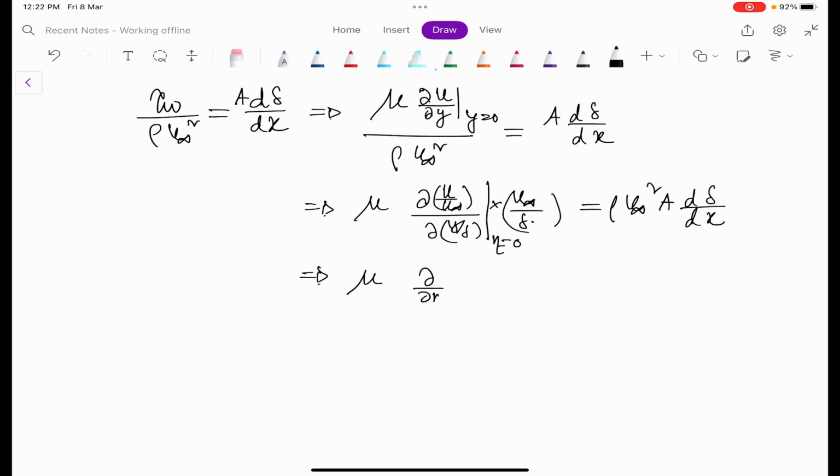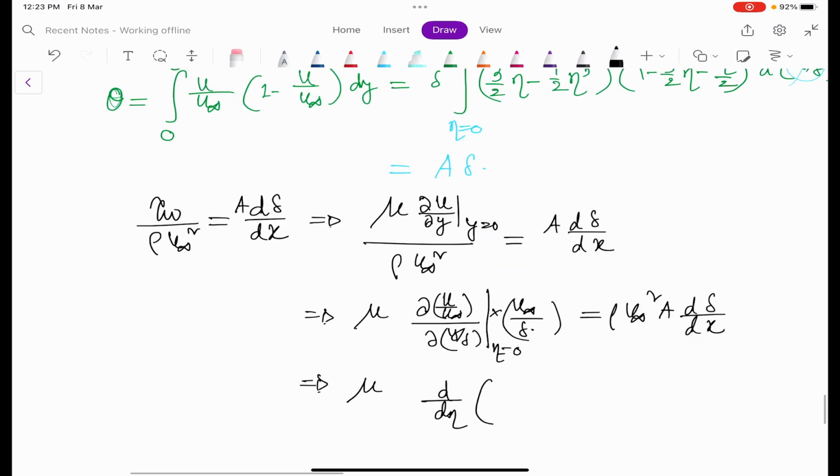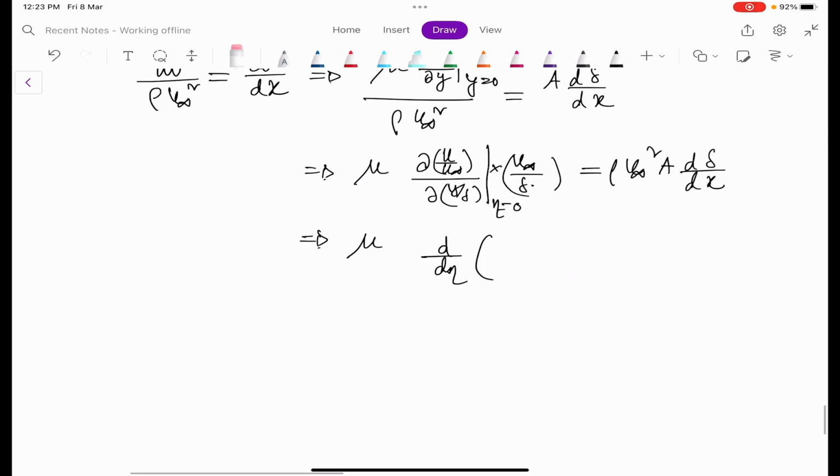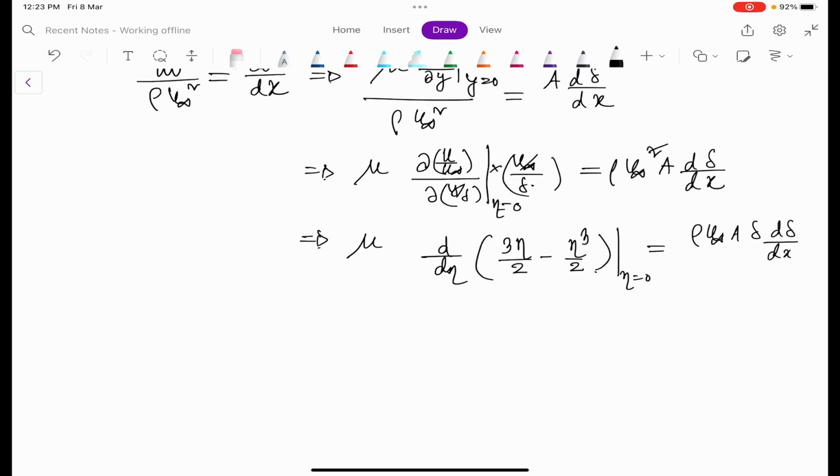Since u is only a function of eta, d by d eta of this velocity profile, 3 eta by 2 minus eta cube by 2, at eta equal to 0, and u infinity will be cancelled out, so this will be u infinity a into delta d delta by dx.